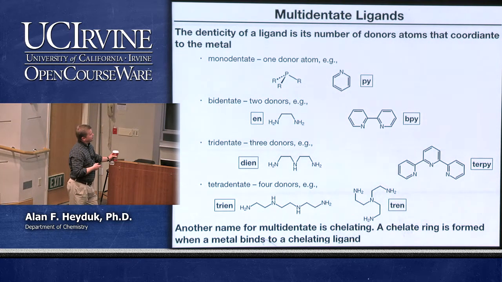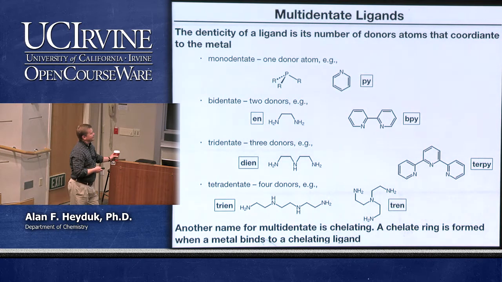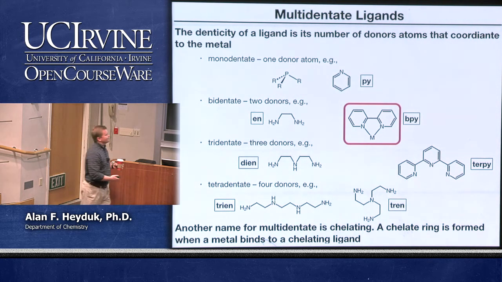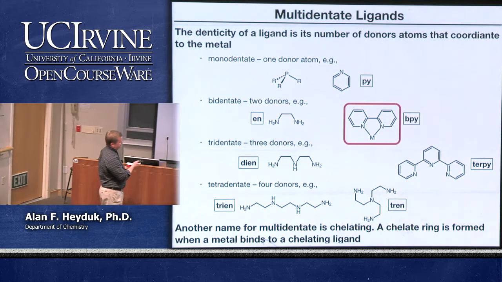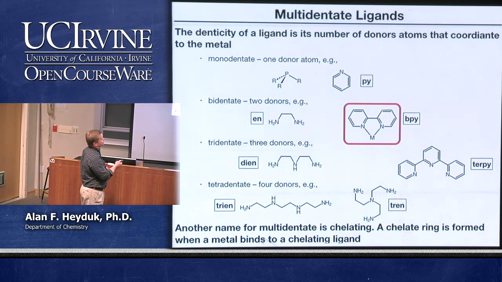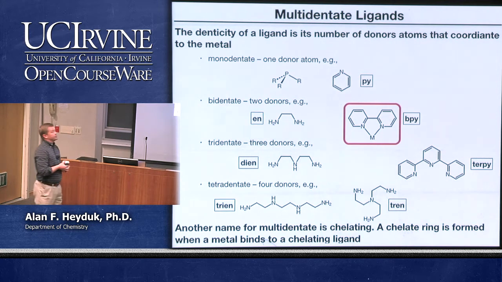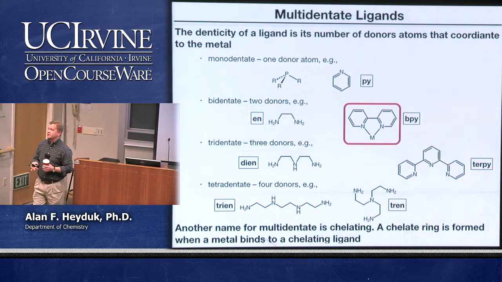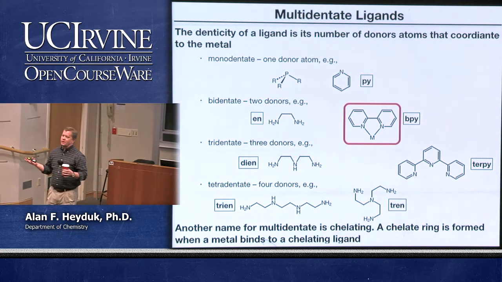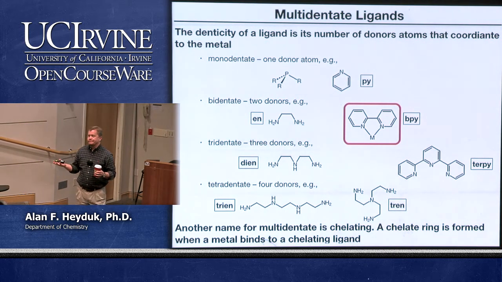Here we go. Another name for multidentate ligands is chelating. A chelating ring is formed when a metal binds to a chelating ligand. Told you it was coming. Okay, so this is why we always use the 2,2' isomer of bipyridine, because you can see that when you bind it to a transition metal, what do you form? A 5-membered ring.